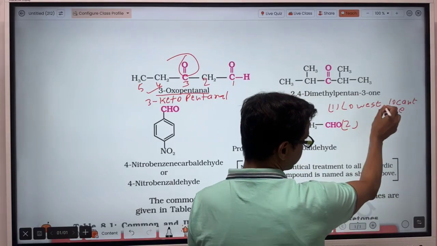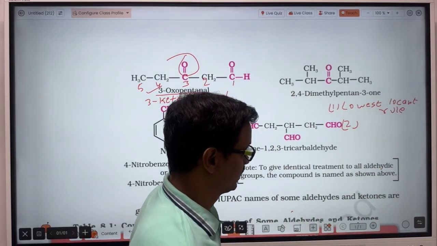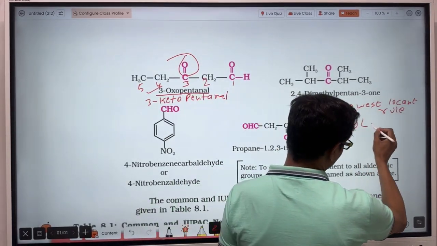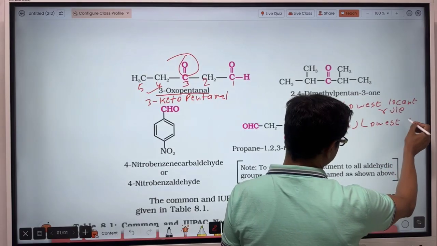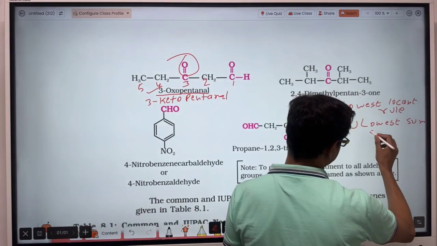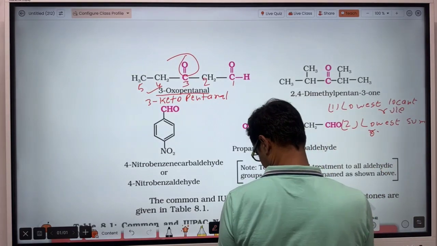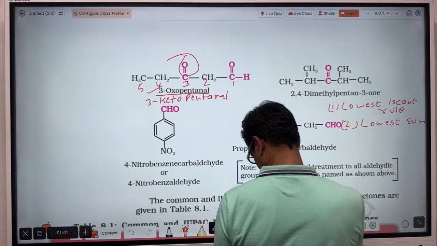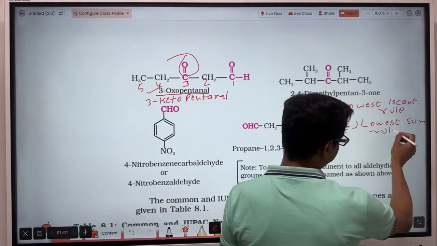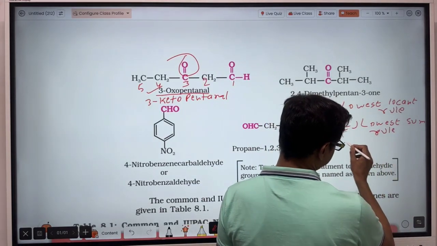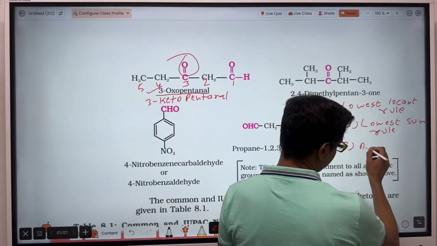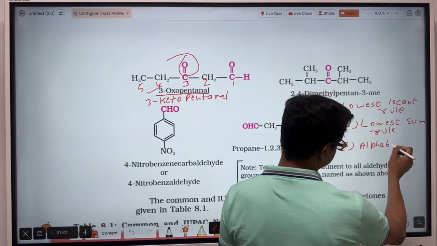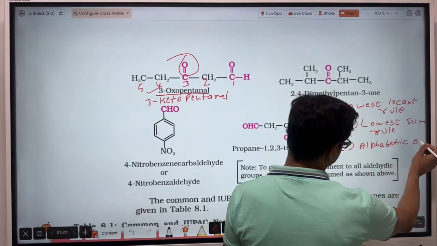If that rule fails, then you will have to apply the lowest sum rule. And if that lowest sum rule also fails, then you will have to consider alphabetical order.